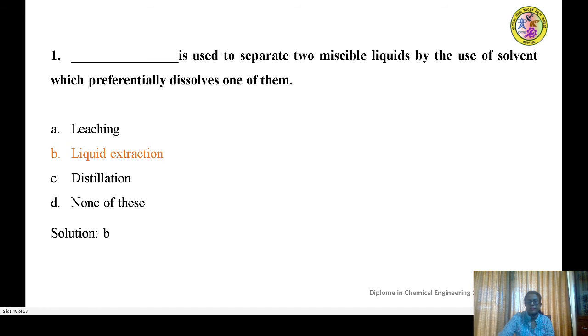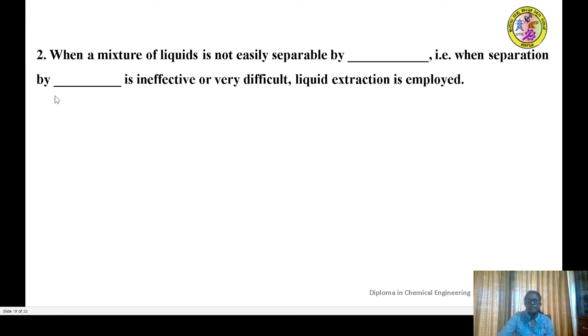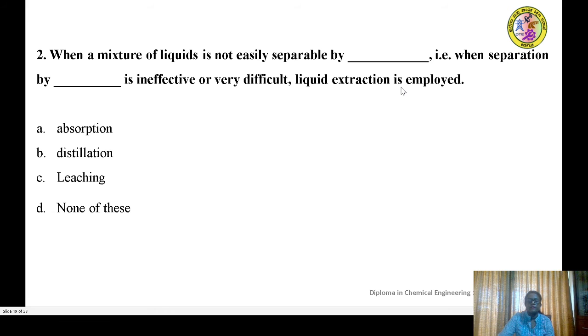Okay, so when a mixture of liquids is not easily separable by dash, that is, when separation by dash is ineffective or very difficult, then liquid extraction is employed. Options: absorption, distillation, leaching, none of this. So, which among these four options is the right answer?